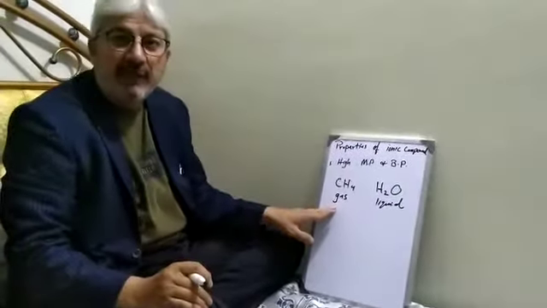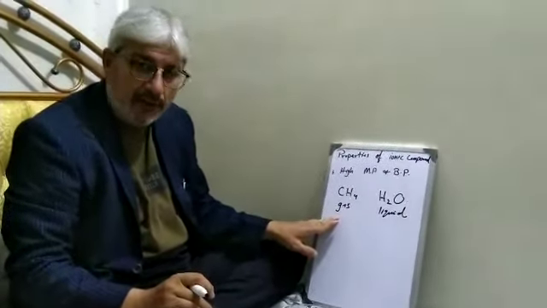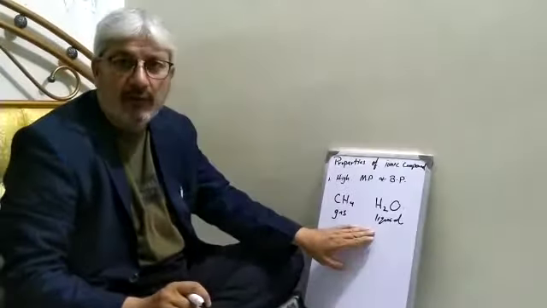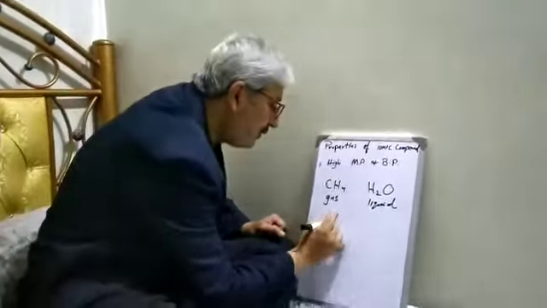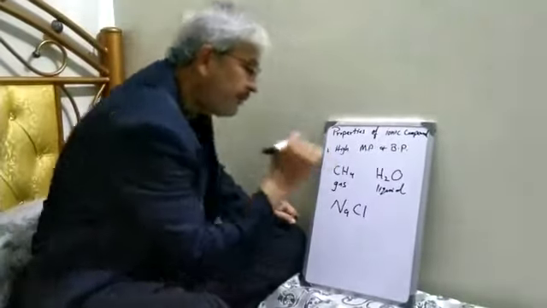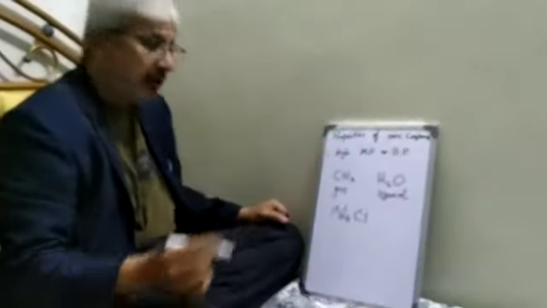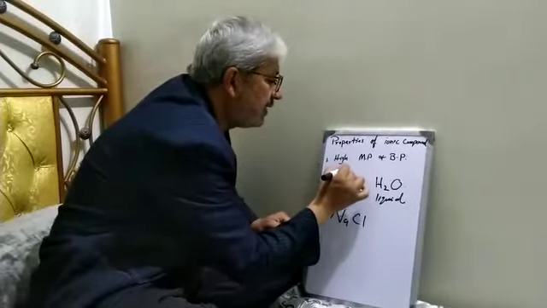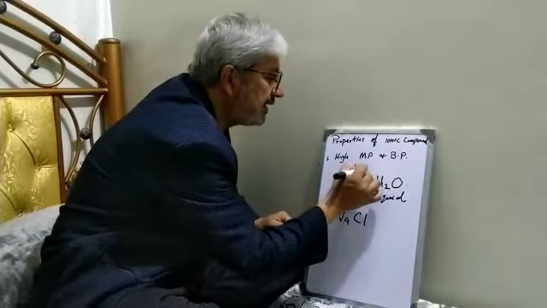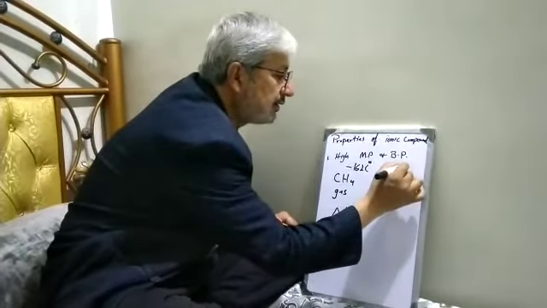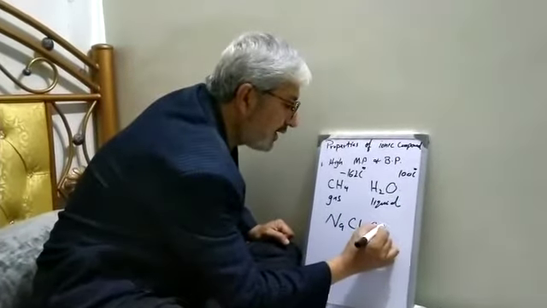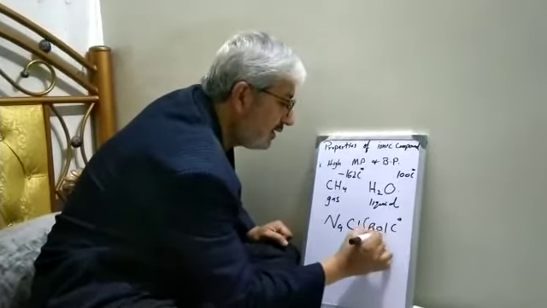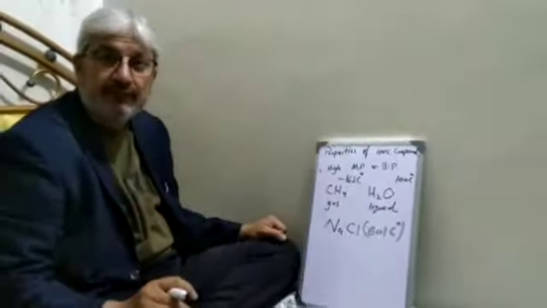Their melting and boiling points are very low for methane and low for water. But when we take the example of sodium chloride: the boiling point of methane is minus 162 degrees centigrade, of water is 100 degrees centigrade, and of sodium chloride is 801 degrees centigrade.